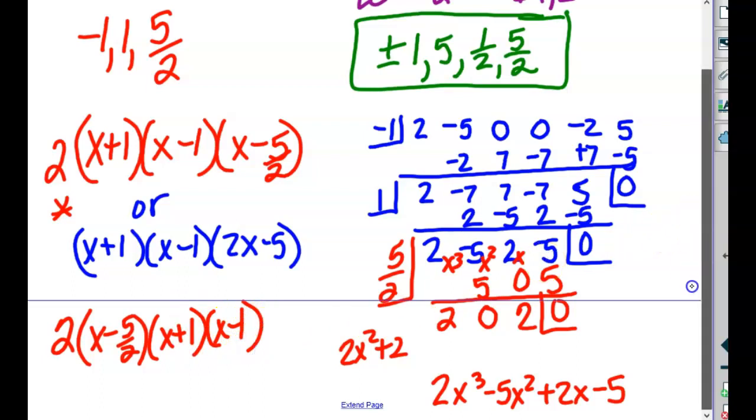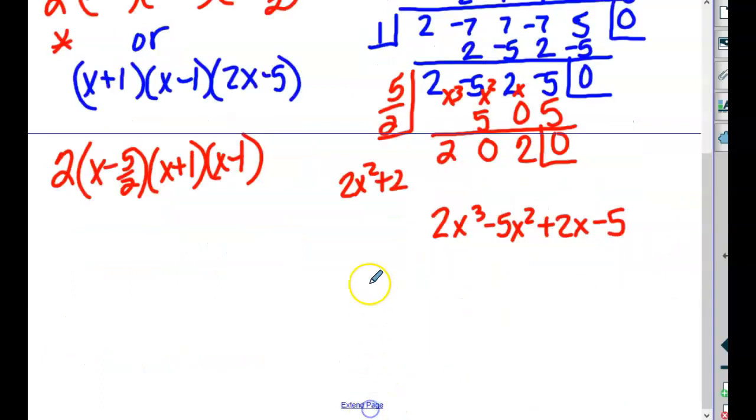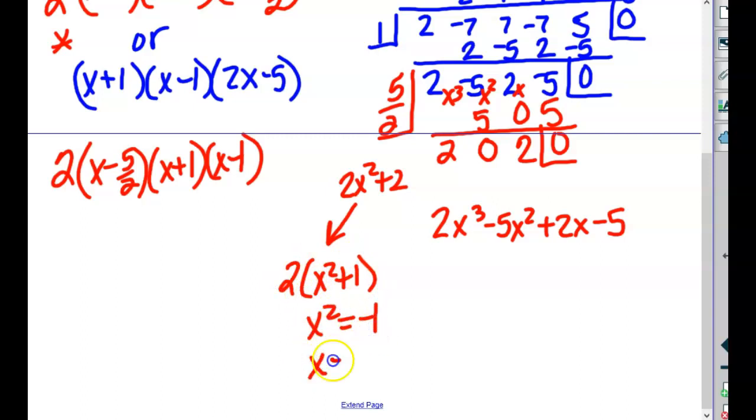But we still have to solve this bad boy, because there's 2 imaginary zeros. If you take the 2 out, and then you solve it, we have plus or minus i as the last 2 zeros.